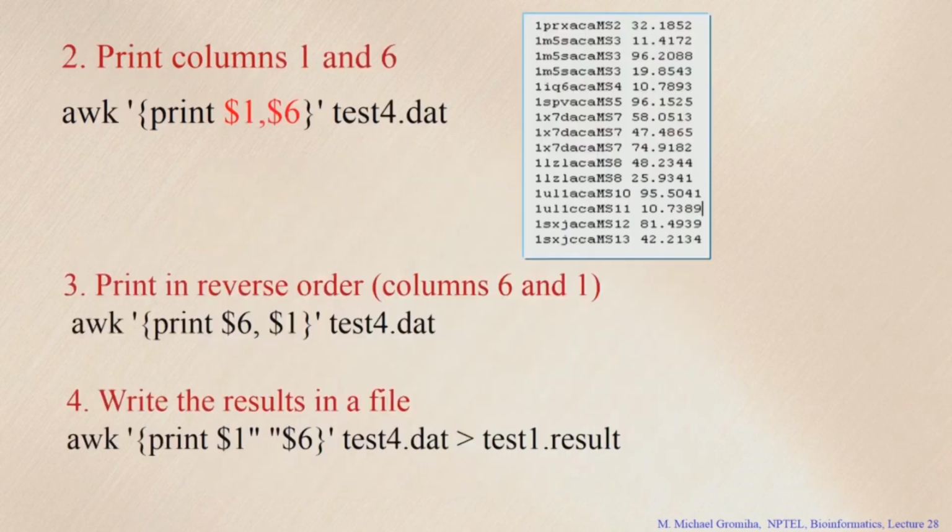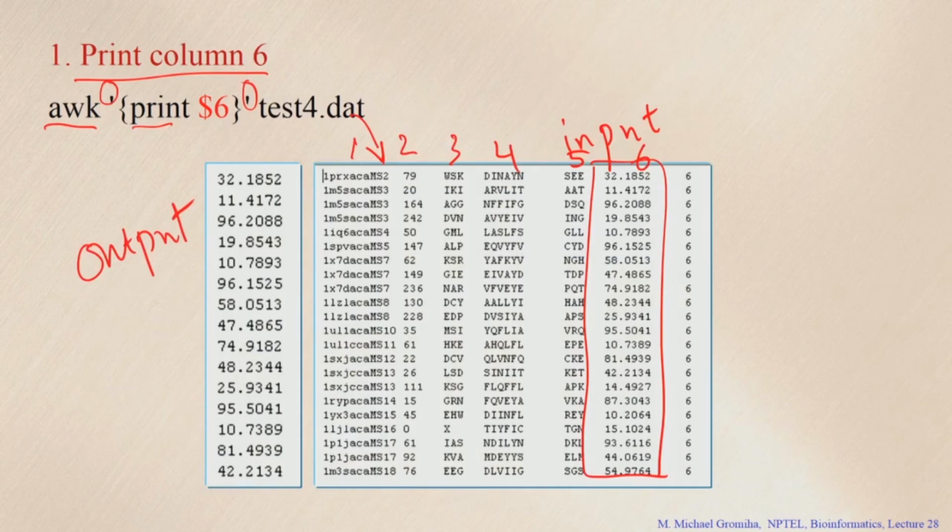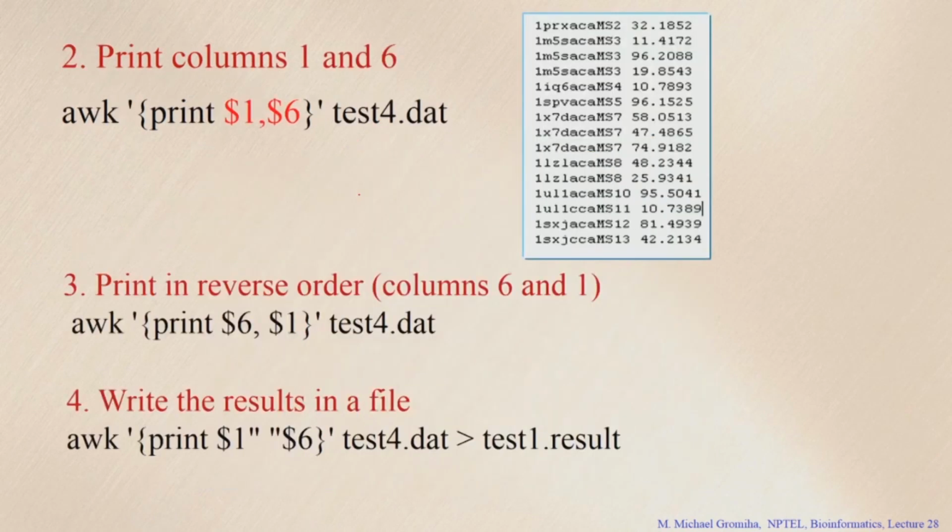So, for example, if you want to print 2 columns, for example $1 and $6, because this is only the numbers, I want to get the names plus the numbers. In this case you write awk, and in the quotes you give the action: print $1 as well as $6, then you give the input file name.